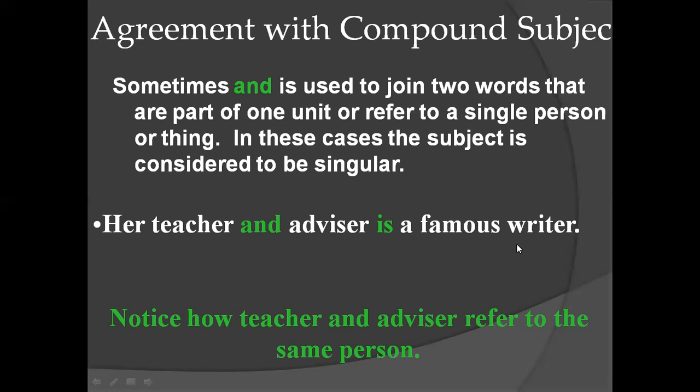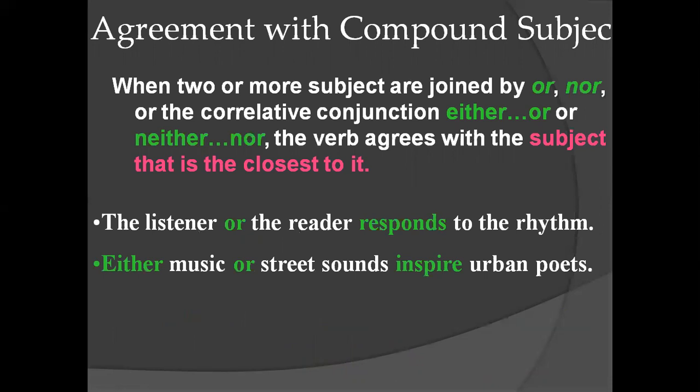Here we can see one subject. That's why we use singular. Notice how teacher and advisor refer to the same person. In this sentence, we are talking about one person. That's why it should be in singular form.